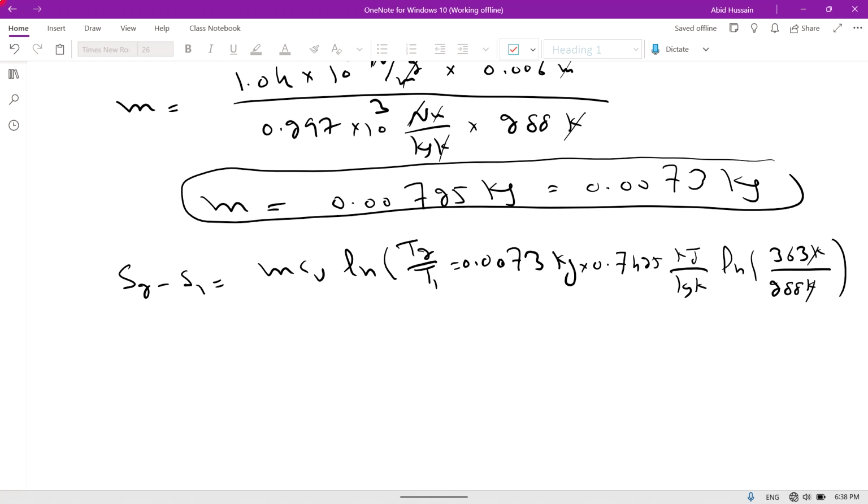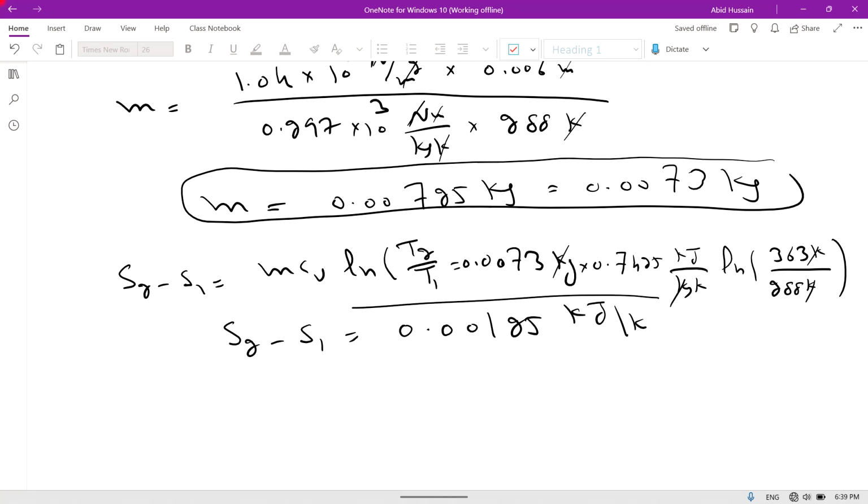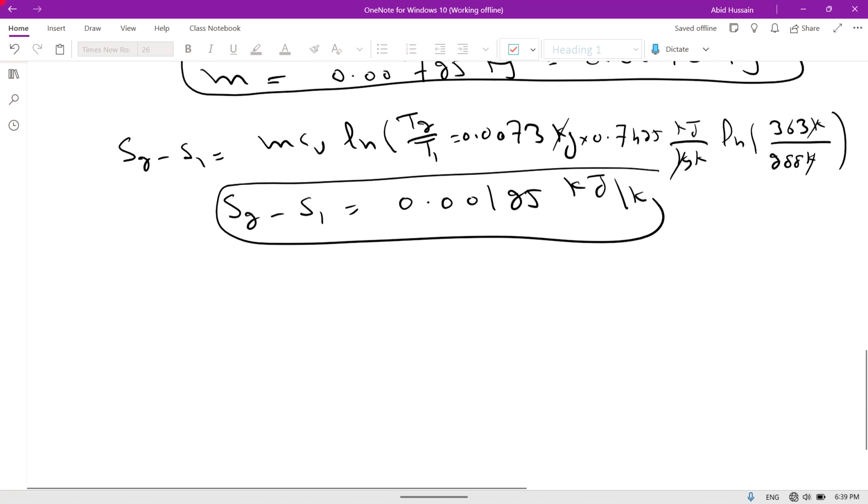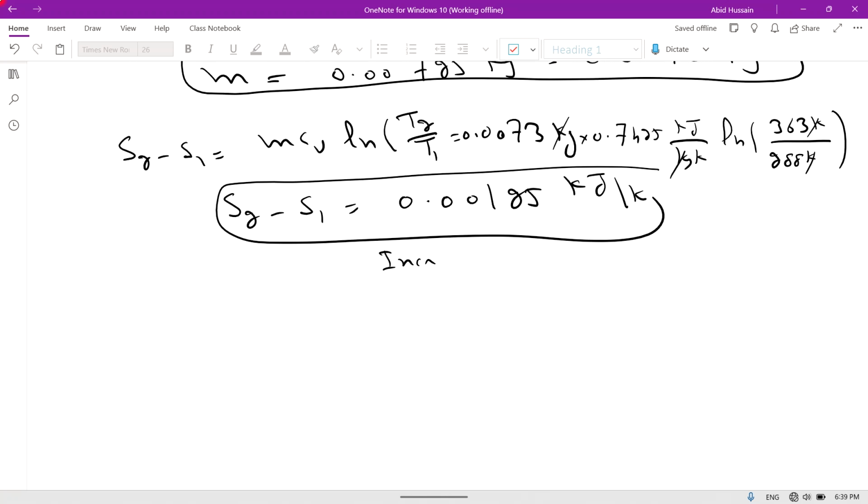Kelvin cancels with Kelvin, and kilogram cancels with kilogram. The final unit will be kilojoule per Kelvin. First find the natural log of 363 divided by 288, then multiply by 0.7425 and then by 0.0073. Then S2 minus S1 is equal to 0.00125 kilojoule per Kelvin, and the answer is positive. This means there is an increase in entropy.